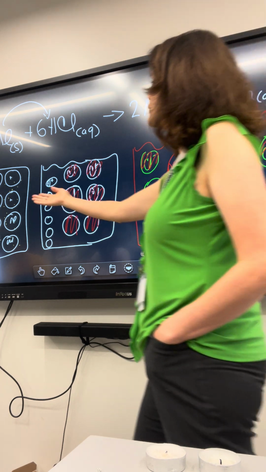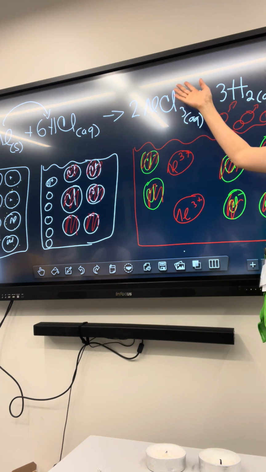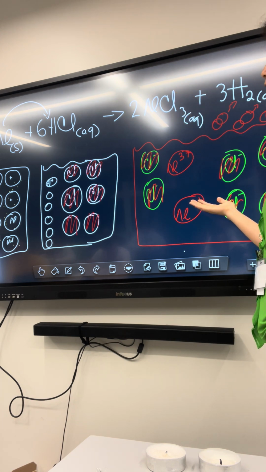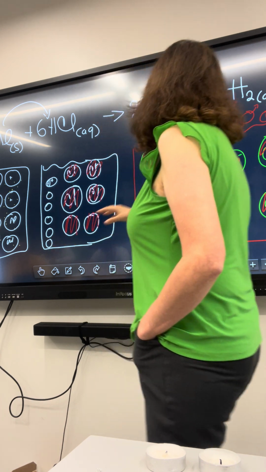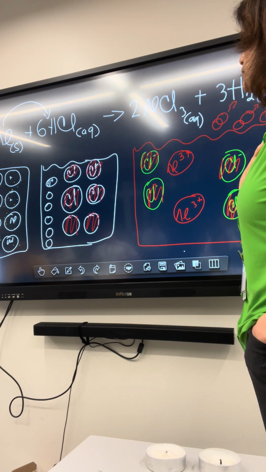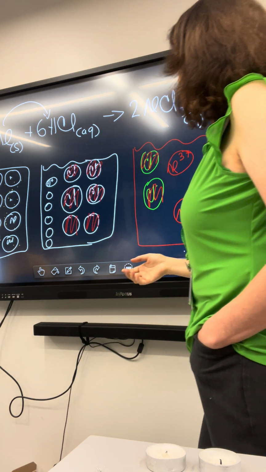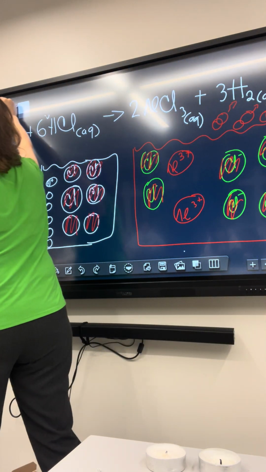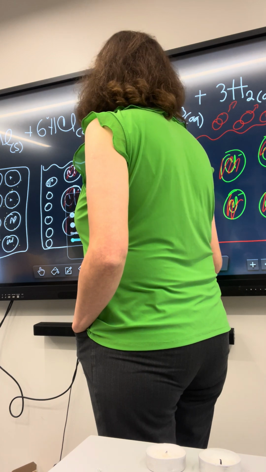The aluminum went from a solid to an aqueous ion, so that changed. And the hydrogen went from an ion in solution to hydrogen gas. So that changed as well. So if I'm going to write the complete ionic equation, I'm going to write this.